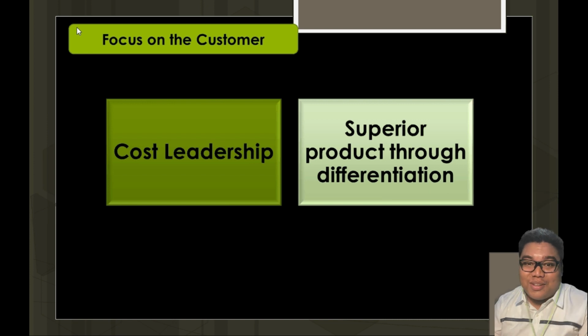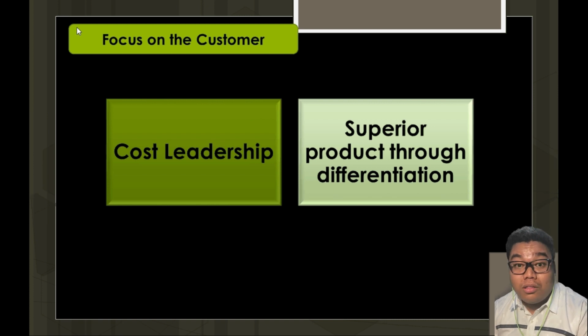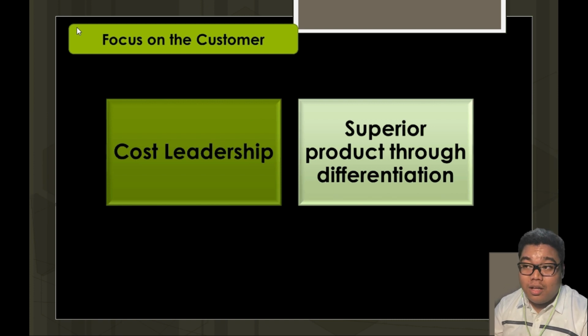So that is something that is an intangible value that the product offers, that it is a result of product differentiation, because it does not conform with what the other products are offering.